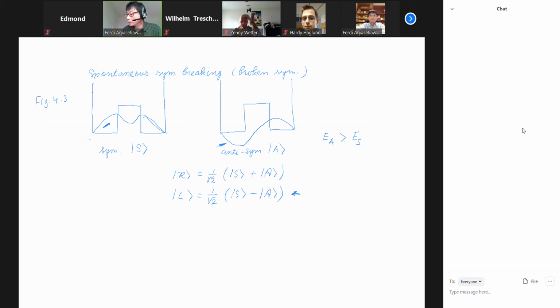So now we have a look at how these states evolve in time. So let's say that we start at time t equal to 0.